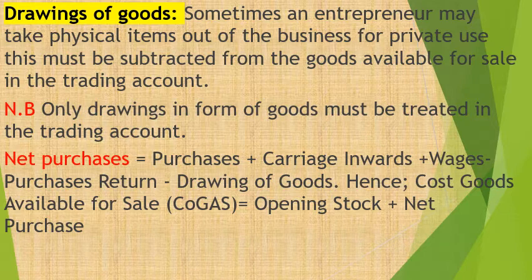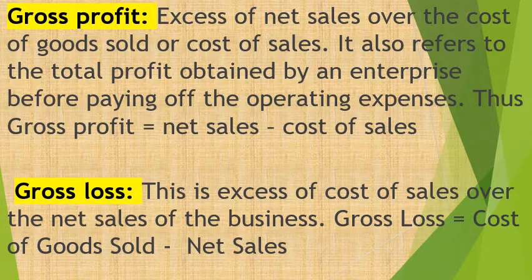Hence, the cost of goods available for sale is equal to opening stock plus our net purchases. Gross profit is the excess of the net sales over the cost of goods sold or cost of sales. It also refers to the total profit obtained by an enterprise before paying off other operating expenses such as electricity, water bills, salaries for the workers, those operating expenses.